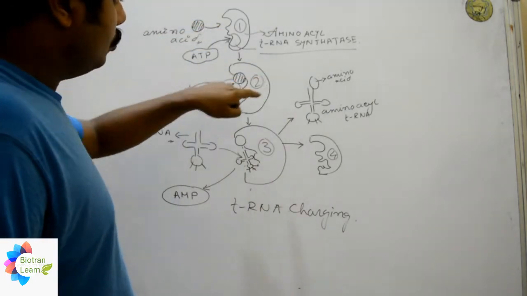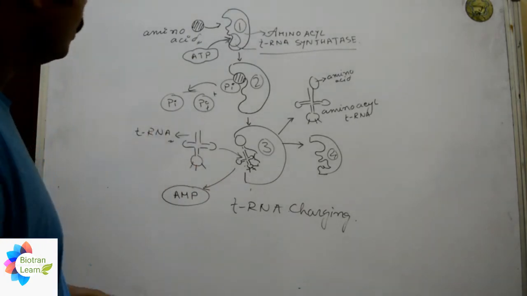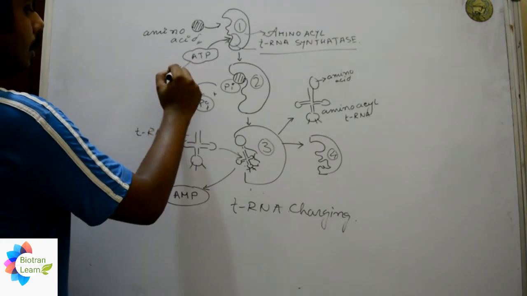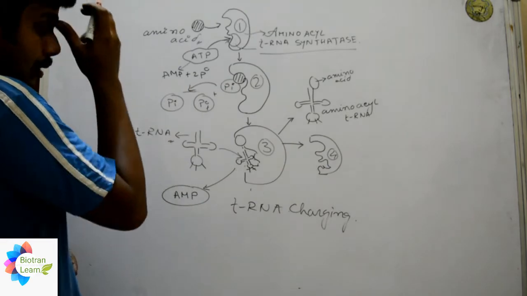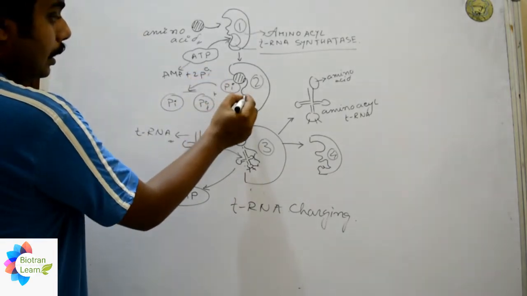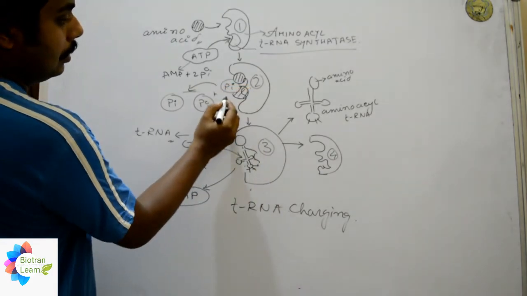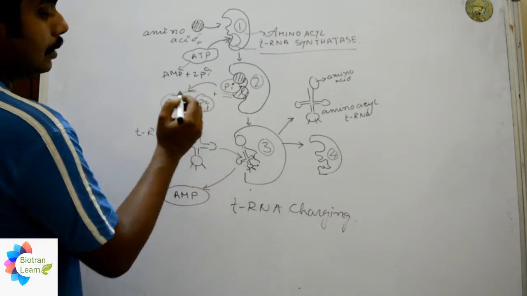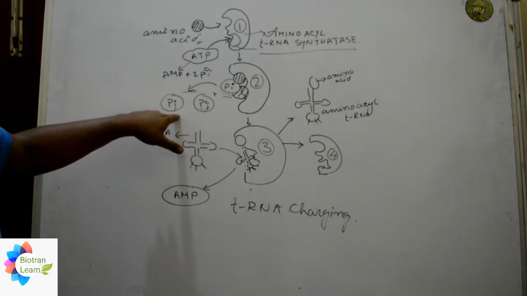Then due to degradation, ATP will degrade into AMP plus 2 Pi in this case. So it will form a structure of AMP in this section. One Pi is here and 2 Pi are released. Two inorganic phosphates are released.